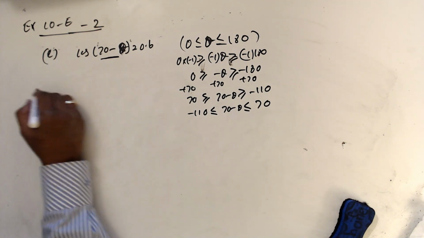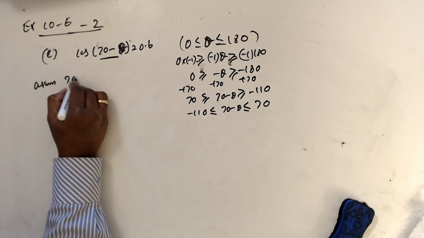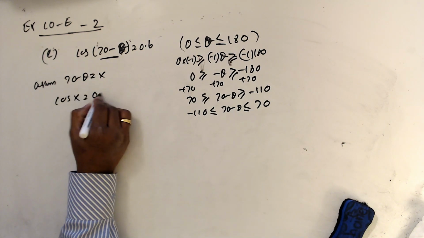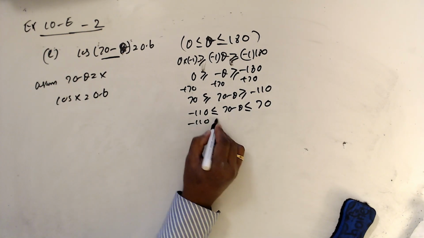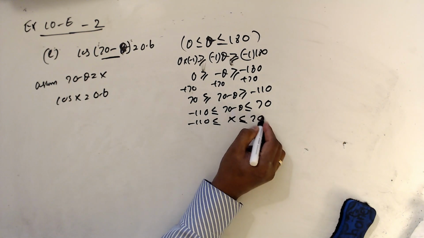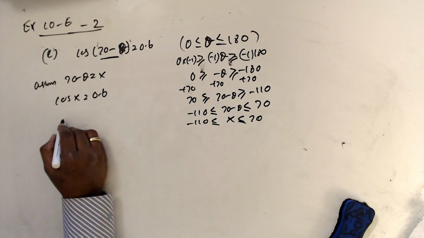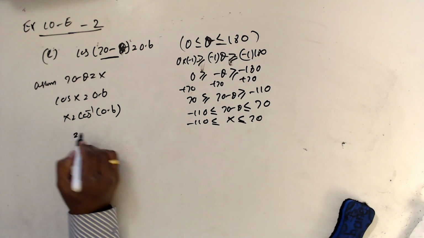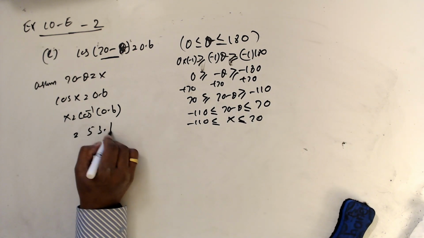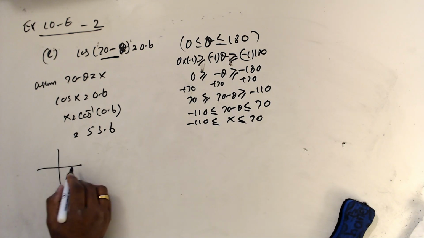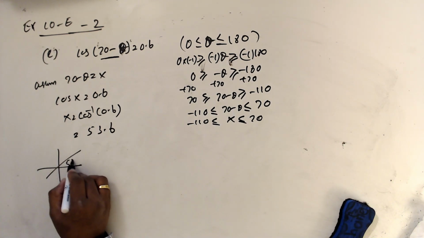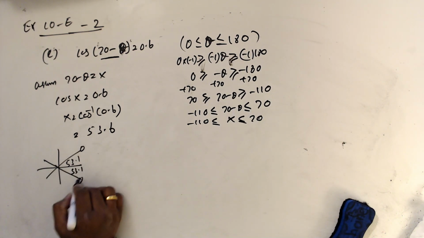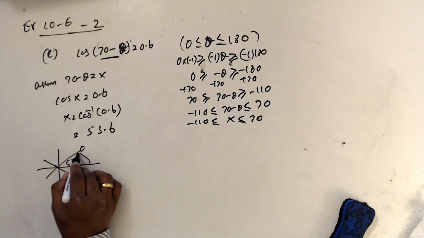Now assume 70 minus theta as x. So then cos x equals 0.6, and x ranges from minus 110 to 70. Now x equals cos inverse 0.6, which is 53.1, and cos is positive on first and fourth.